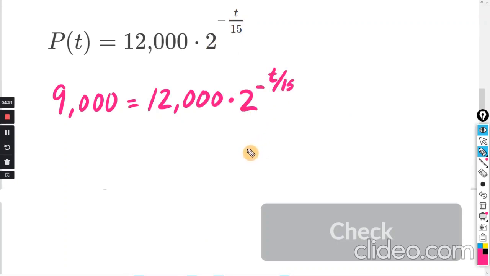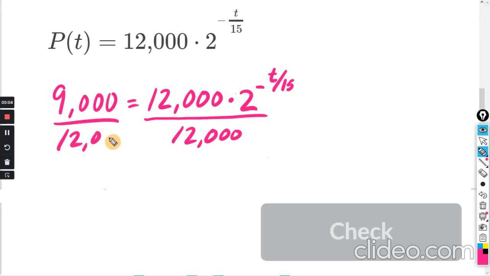And we want to isolate the number with the exponent. All right, we want to isolate this, so I'm going to divide both sides by 12,000. Cancels on the right-hand side, 12,000 over 12,000.